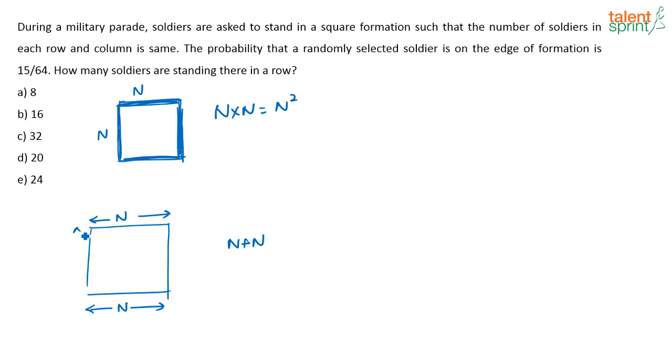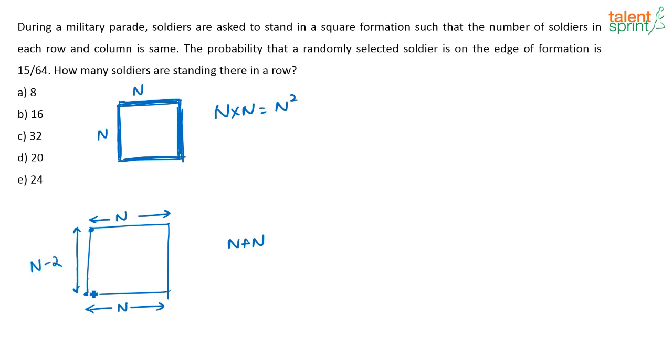Now, in this edge also there are n people, but when I am trying to find out the total number of people in all the four edges together, I have to keep in mind that the person in this corner, this corner and this corner I have already considered in this n and n. So, the remaining people in this edge is nothing but n minus 2.